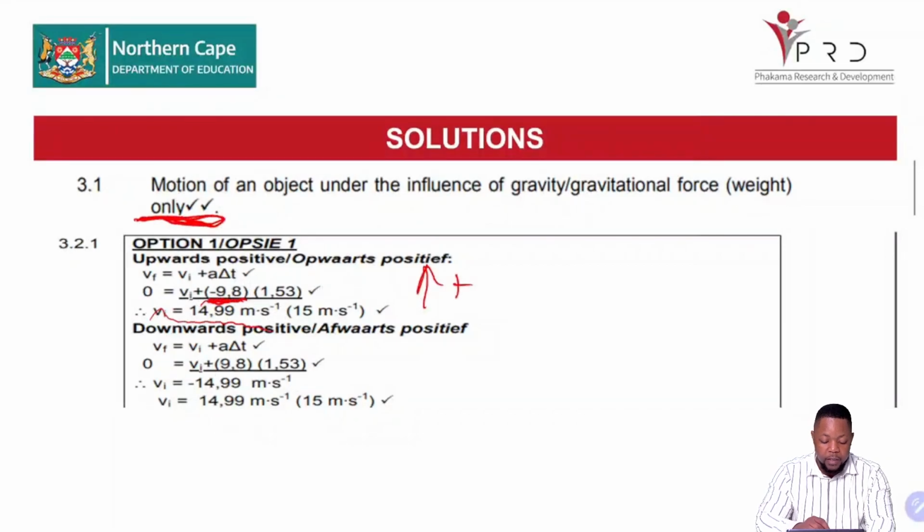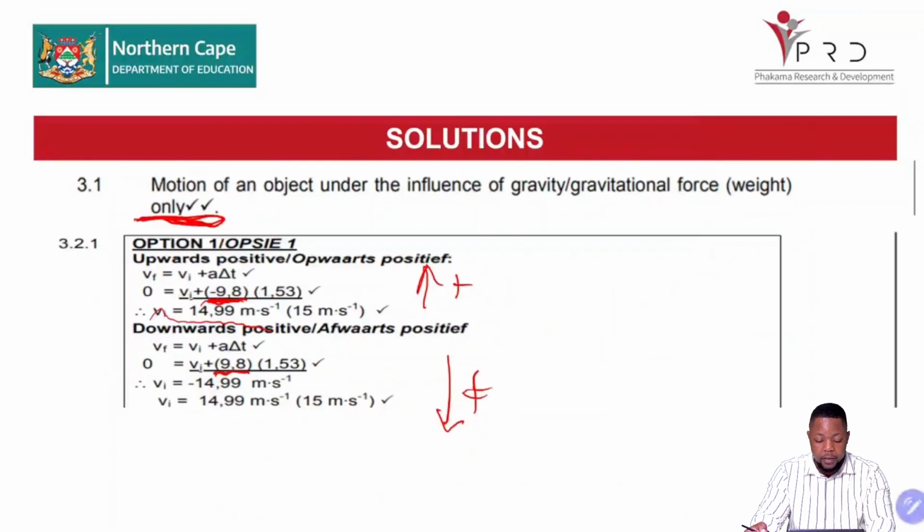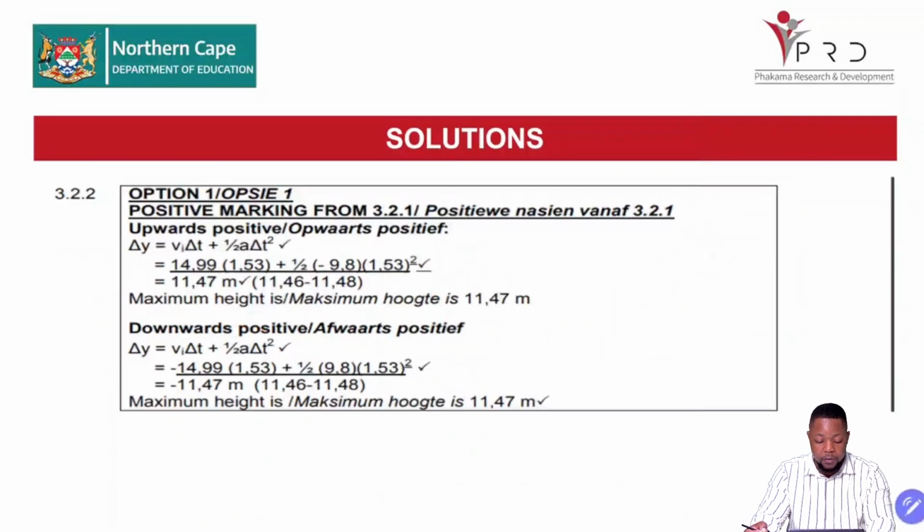And here, gravitational acceleration is positive, so it means downwards was taken as positive. Then we were able to get our initial velocity. So the time 1.53 is only substituted for the time difference between the initial point of launch and the maximum height.